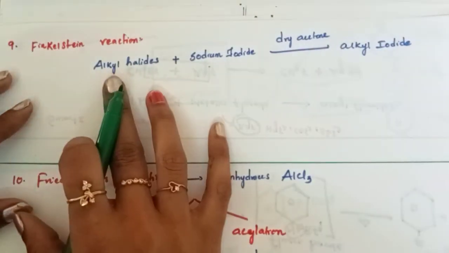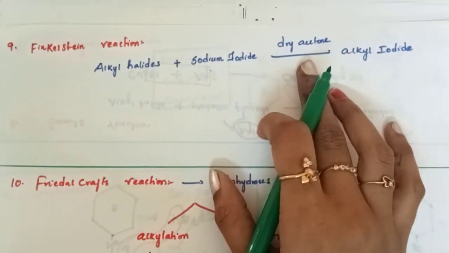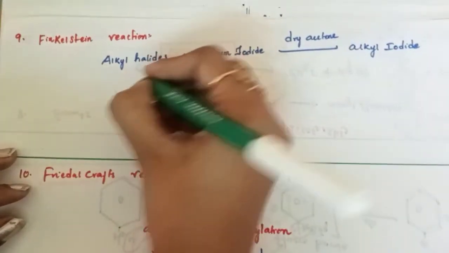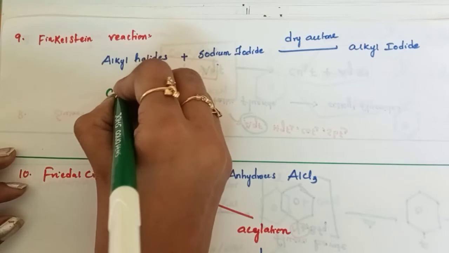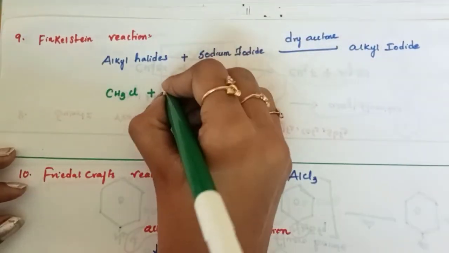The next reaction is Finkelstein reaction. In Finkelstein reaction, alkyl halides which on reaction with sodium iodide in the presence of dry acetone, your product is alkyl iodide. So here alkyl halide, methyl chloride which on reaction with sodium iodide.